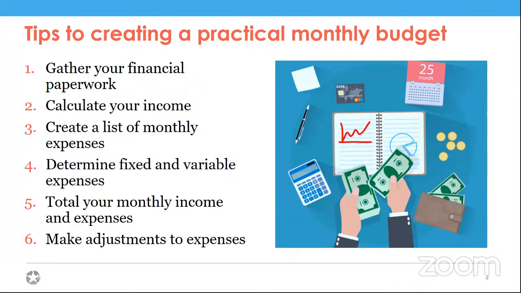Because you have all of the different categories listed out, you'll be able to isolate variable expenses where you can determine whether you can be flexible with that expense or not. You want to aim to have your income and expense columns be equal. This equal balance means all of your income is accounted for and budgeted towards a specific expense or savings goal.